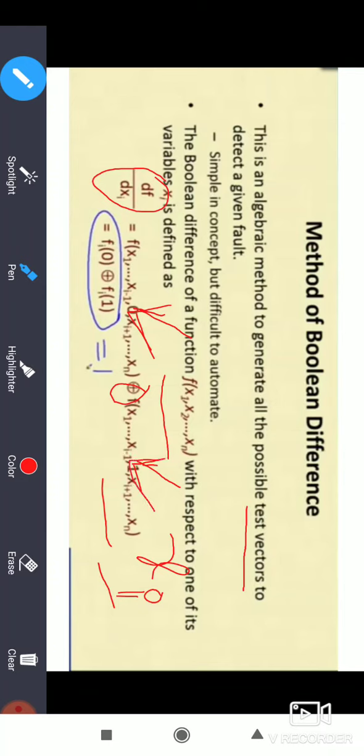That means fi of 0 exclusive OR with fi of 1.